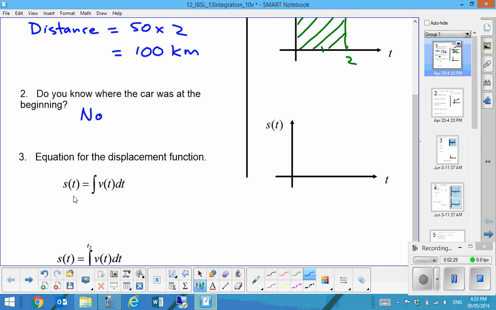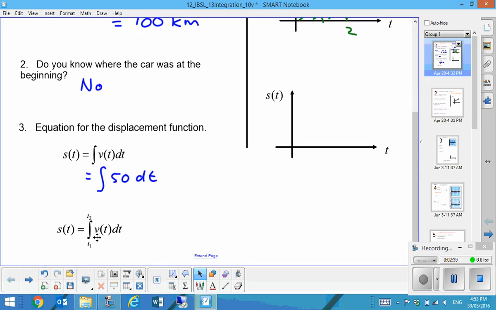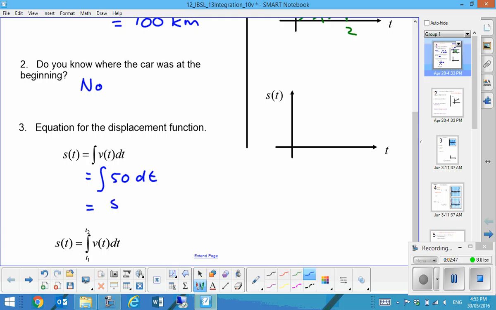So in this case, we want the integral of 50 dt, because t, time, is our variable. We would have it from certain times, but at the moment, let's just work with this. So integrate that with respect to time, we get 50t plus c.